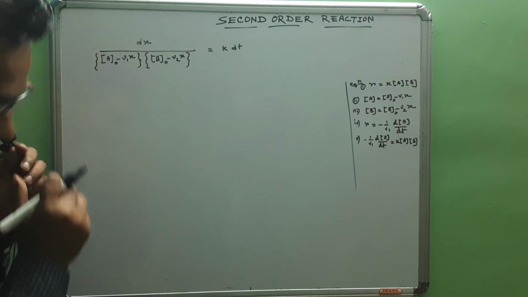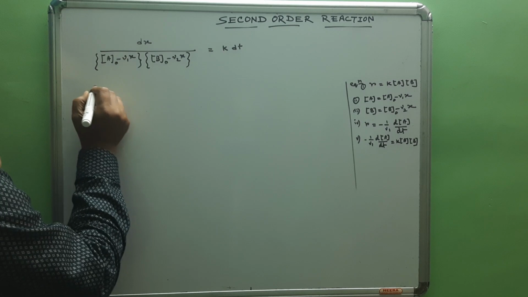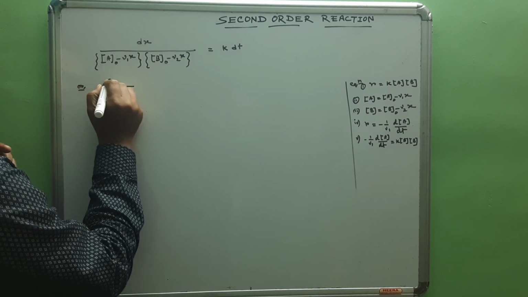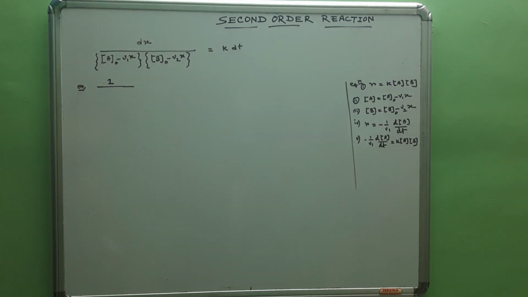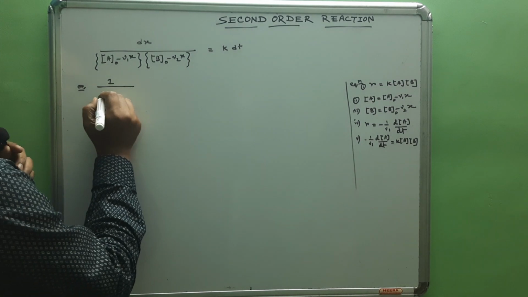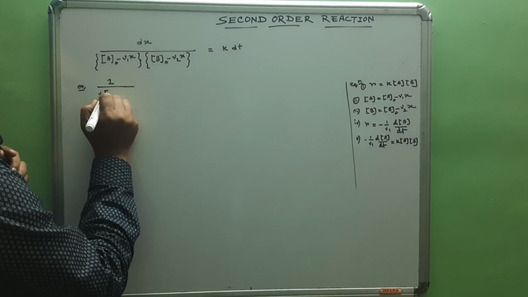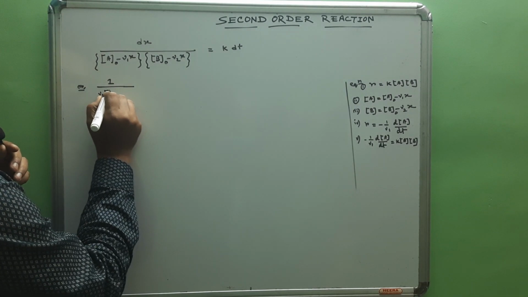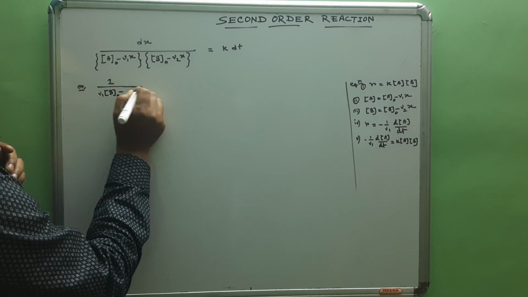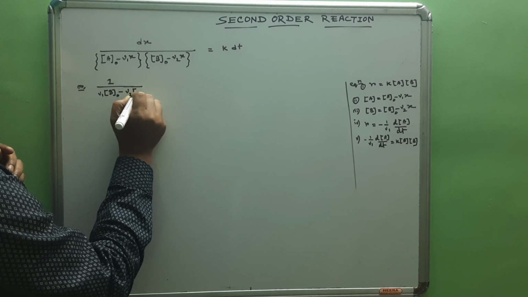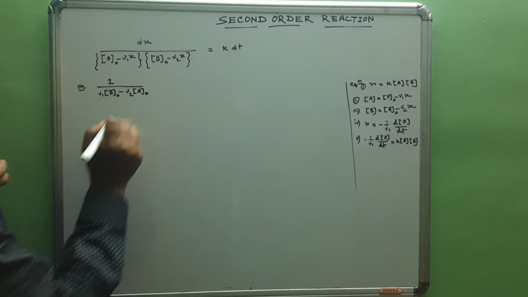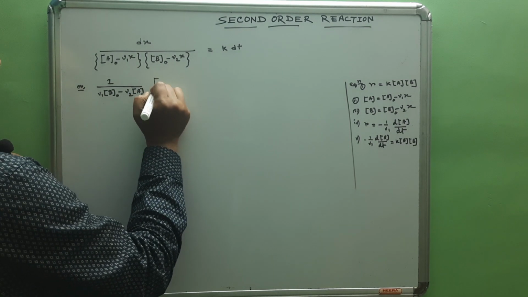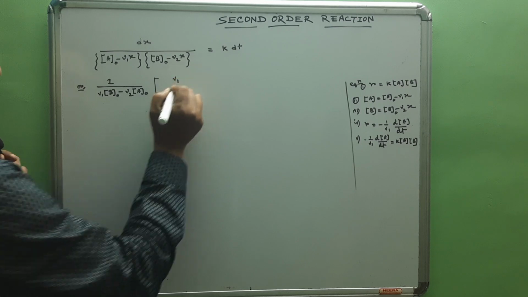So what we are doing, just taking out the common of nu 1 b0 minus nu 2 a0. So if you take it, it is the separation of variables.